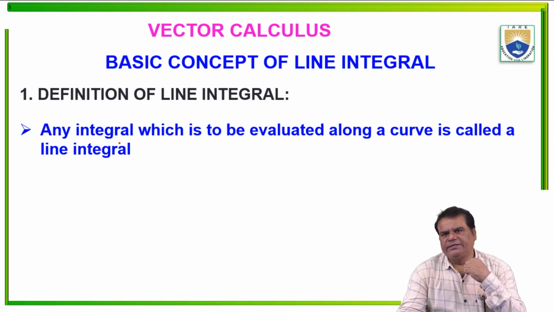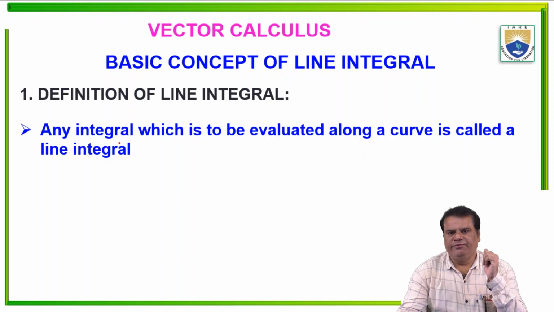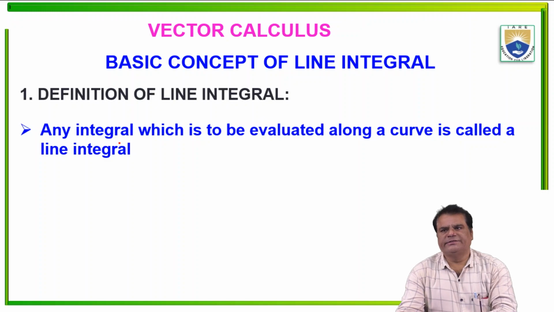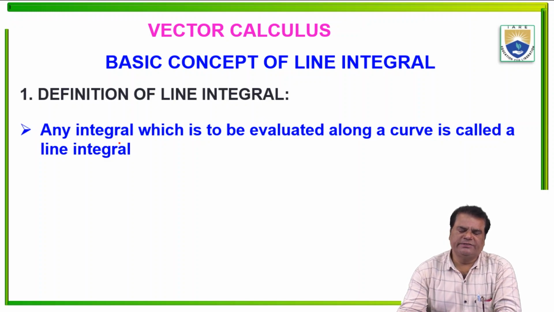Second one is surface integral, which we will discuss in the next video. What is a surface integral? Definition of surface integral: any integral which is to be evaluated along any surface is called a surface integral.